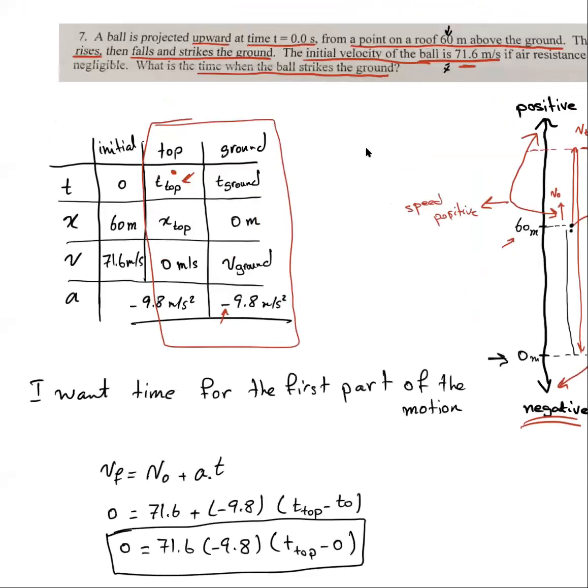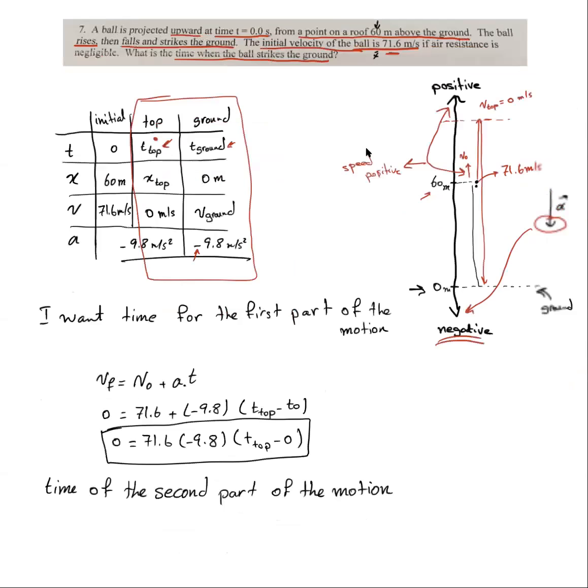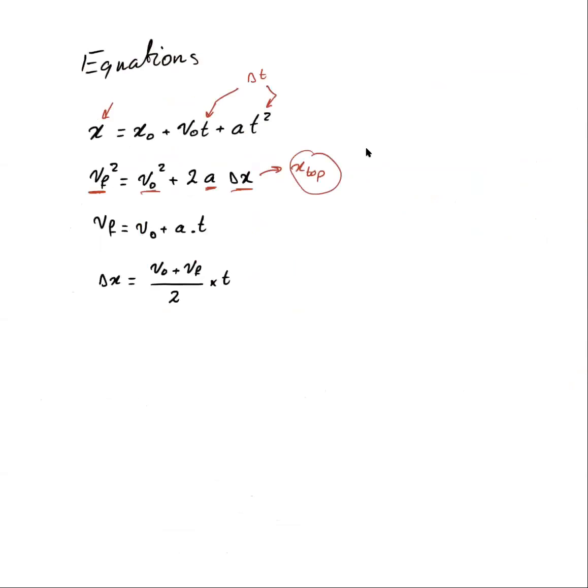We know acceleration. We don't know v ground. We don't know t ground. X at the top, we don't know it. And we know that the initial velocity will be 0 because it will be coming from the top. So let's look at the equations that we have and see if there is anything useful that we can do.